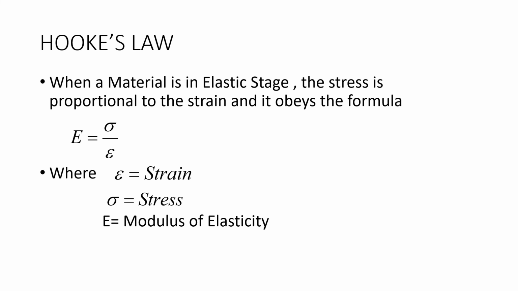Hooke's law. When a material is in the elastic stage, the stress is proportional to the strain, and it obeys the formula E is equal to sigma over epsilon, where epsilon is strain, sigma is stress, and E is the modulus of elasticity. So this is constant when it is in the elastic stage, and this is called Hooke's law.